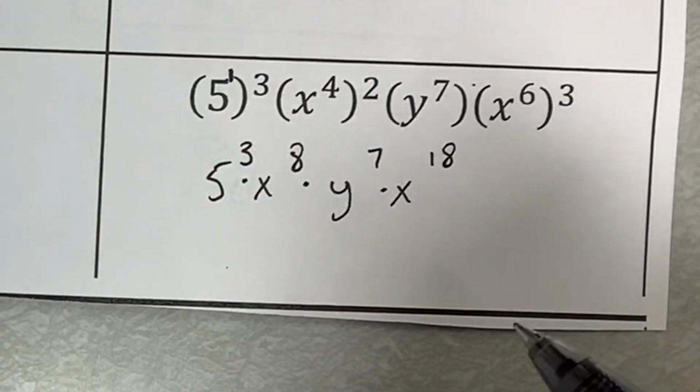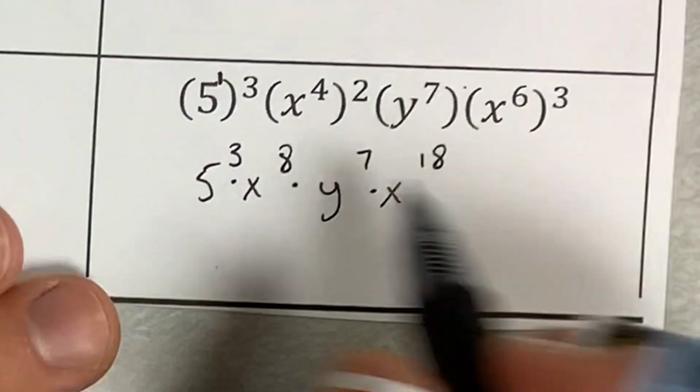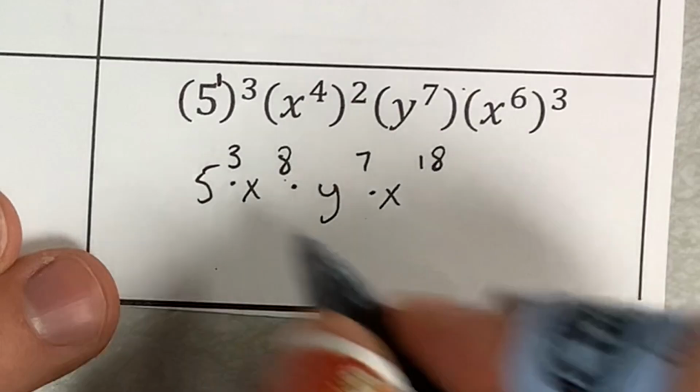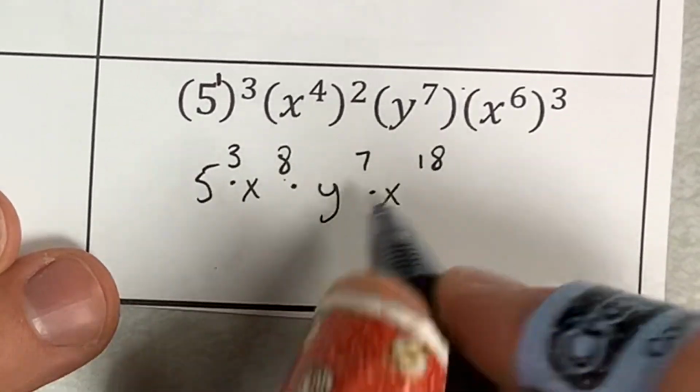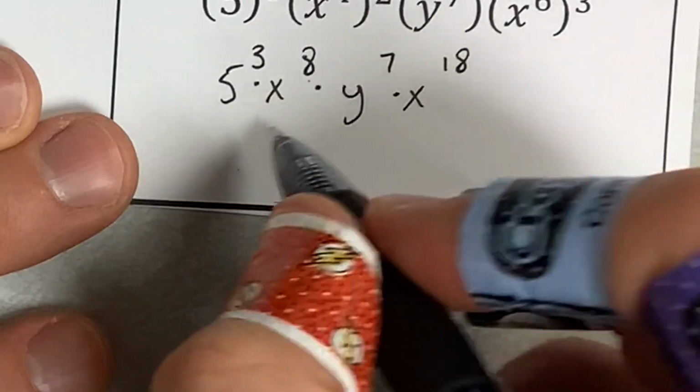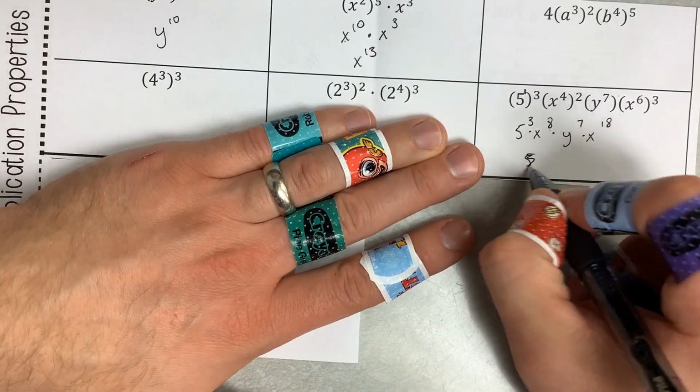There we go. Now, before I walk away from this problem, I notice that I have two like bases here. I have x to the eighth and x to the 18th. Well, I can go ahead and I can actually add those together because, again, when you're multiplying like bases, you add your powers. So here we go. I got 5 to the third. Actually, you know what?